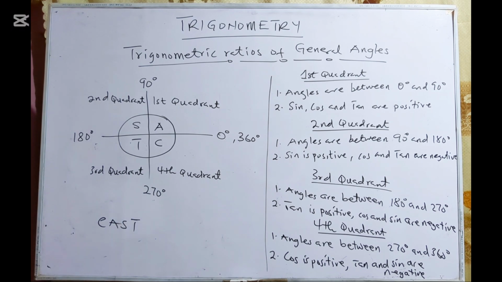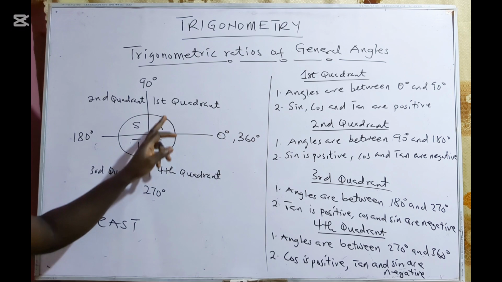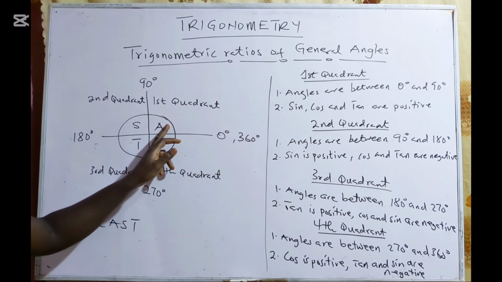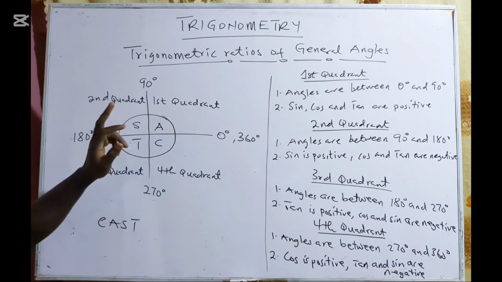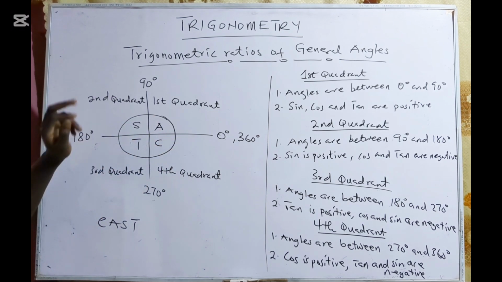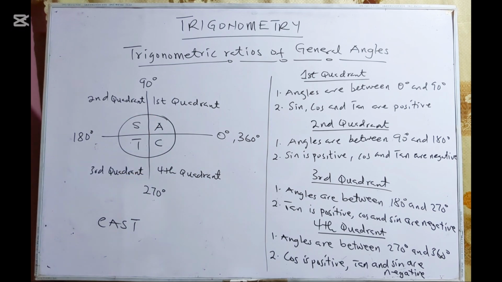Where in CAST, we start from the fourth quadrant. It means cos is positive. All, the A means all the trigonometric ratios, sine, cos and tan are all positive. The S means sine is positive. And the T means tan is positive. So that is what you can do, and then you will memorize where the trigonometric ratio is positive. I believe this is clear.